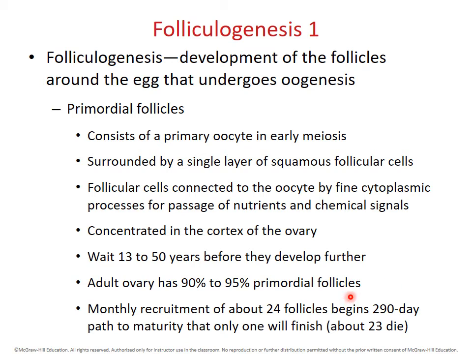But what we ovulate is a secondary oocyte that's just completed a 290-day path in a Graafian follicle. And of the cohort of 24 that initiates this path, only about one usually makes it. The other 23 die off, except in the case of fraternal twins or fraternal triplets, where more than one makes it the whole way.